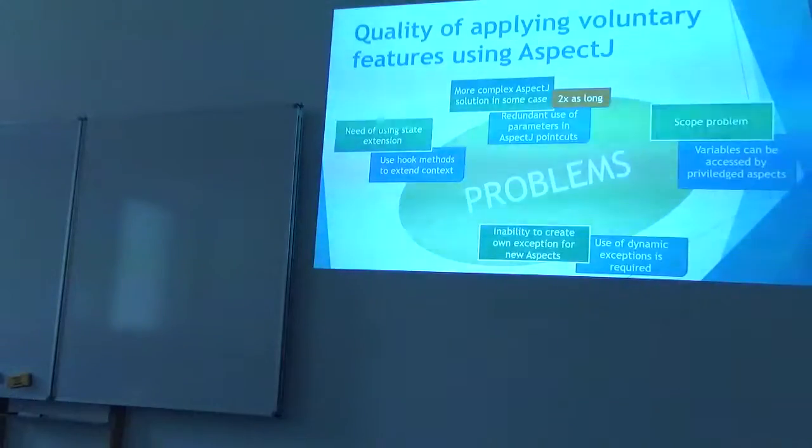And when we did the refactoring, we encountered some problems. For example, if you know AspectJ, you know that this is a complex language. Pointcuts are twice as long. There are repeated parameters there. Maybe if you develop some kind of database system, there is the problem with privileged aspects.